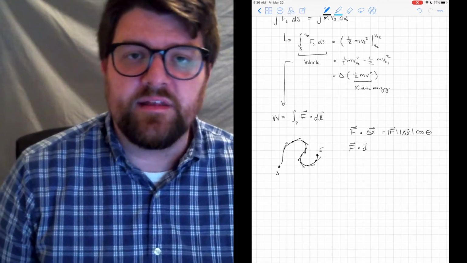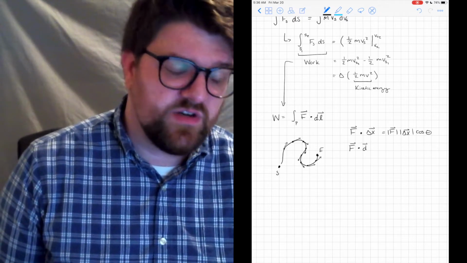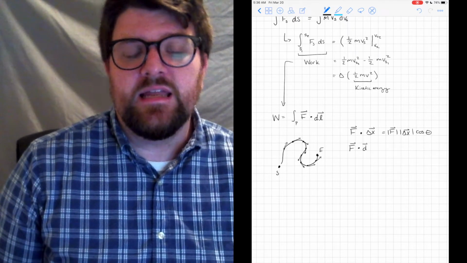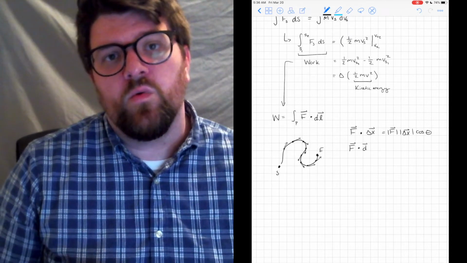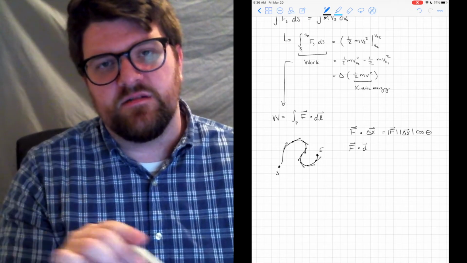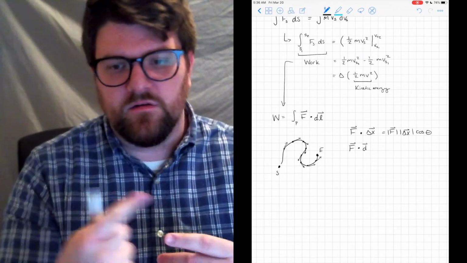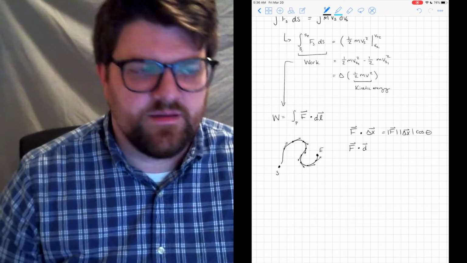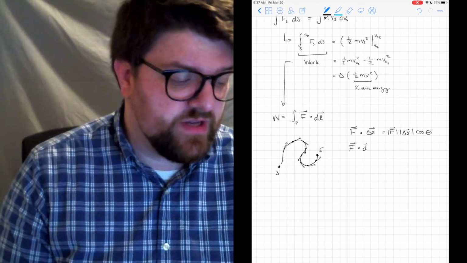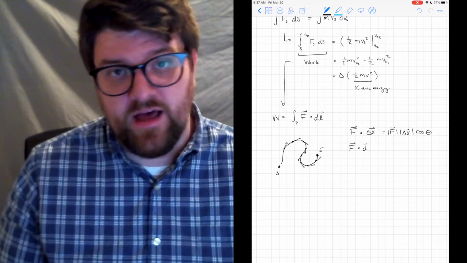We're not talking about that in this class, but gravity is a conservative force. It's path independent, which means it does the same amount of work whether I fall straight down or whether I go around some helical kind of structure, slide or something like that. Gravity does the same amount of work in both of those situations. The path does not matter.